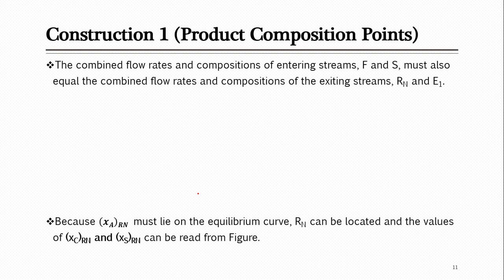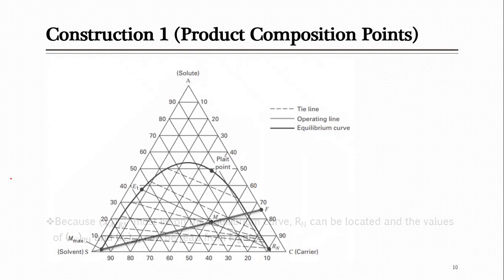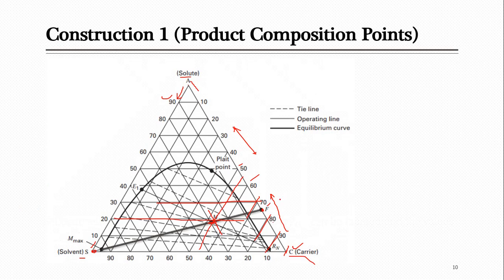After this, when you have located all this stuff, meaning feed as well as solvent and M point, just recall from the last lecture what you did in the next point. Actually we were looking for the specification of E and R. The purpose here is to construct product composition points. It means we have to locate the extract and raffinate inside the same diagram.